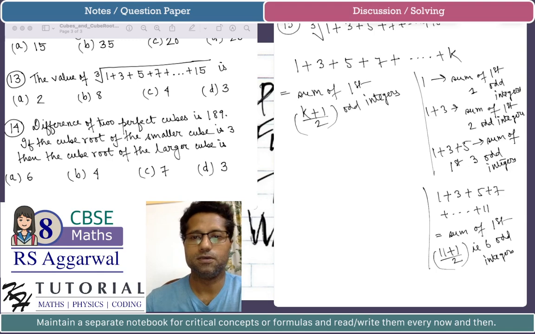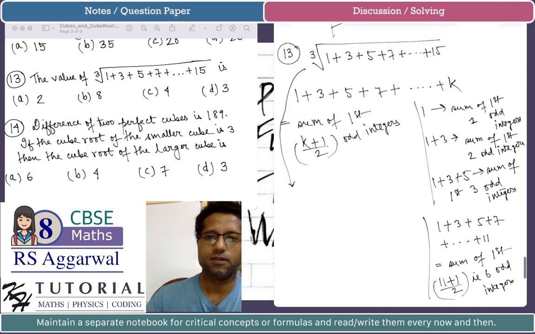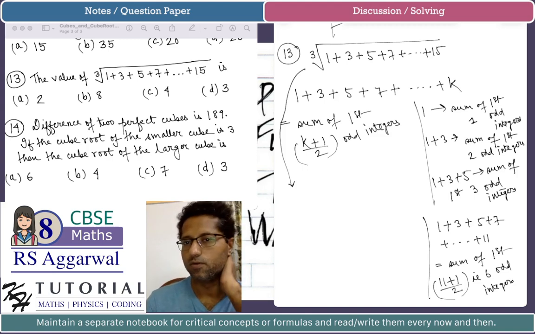Now back to the problem, we see that inside the cube root we are given the sum of consecutive odd positive integers, and the last term is 15.